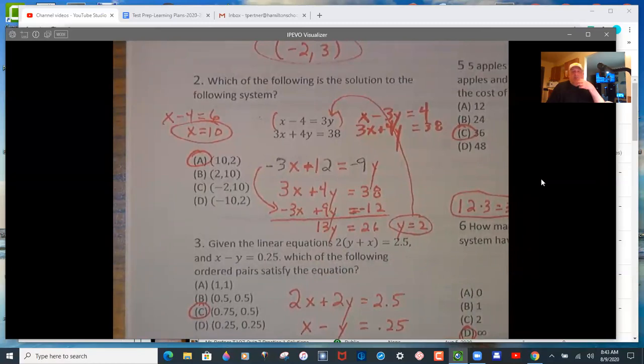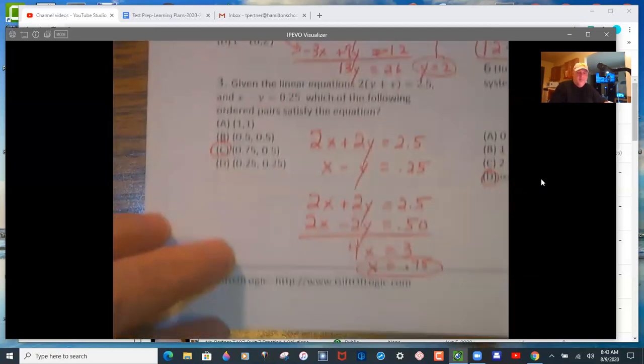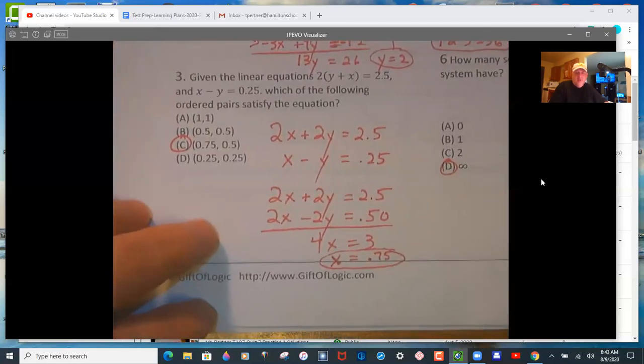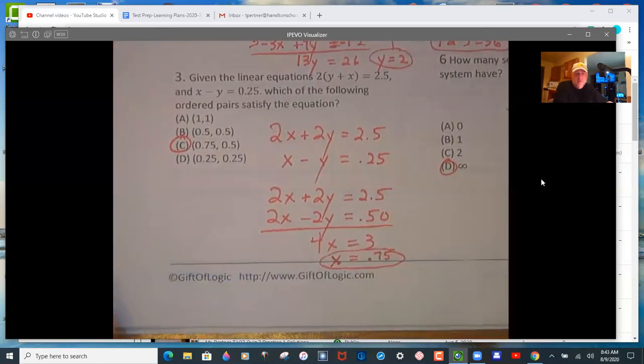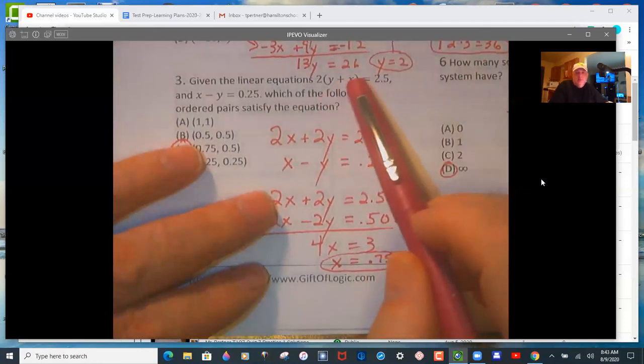So there also is the way of substituting as a problem-solving strategy for systems, so don't forget that, especially on number 3. You look at this and go, holy smokes, there's not any way I would know of doing this, but you know, you can substitute in all of these values. So 1, 1 is not true because 2 times 2 is 4.